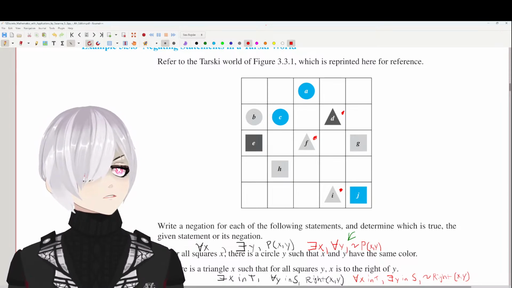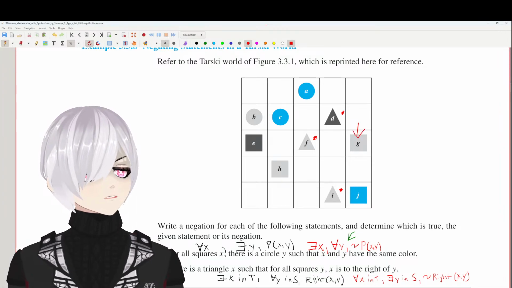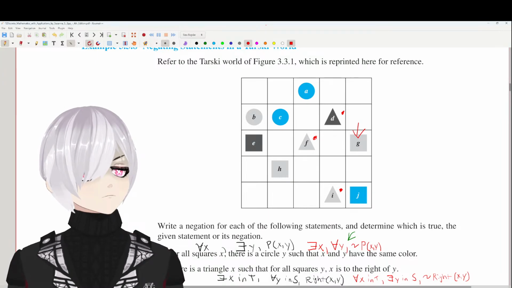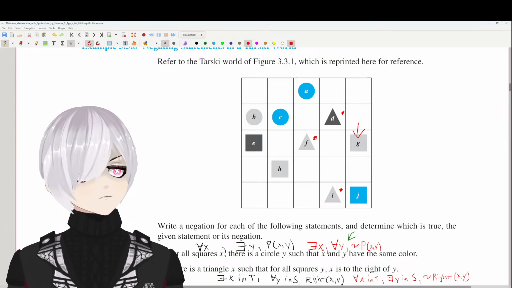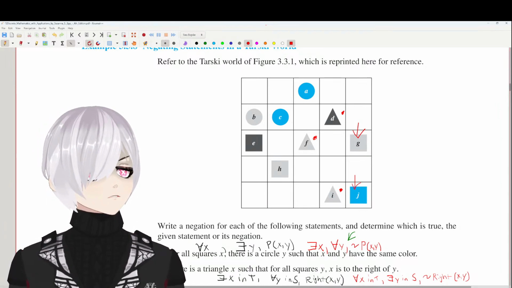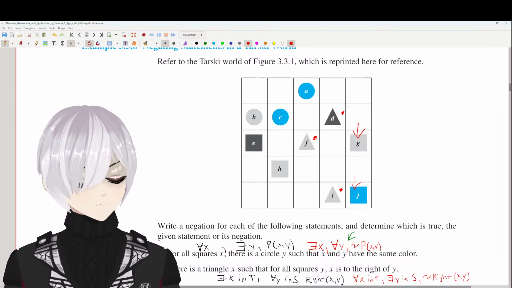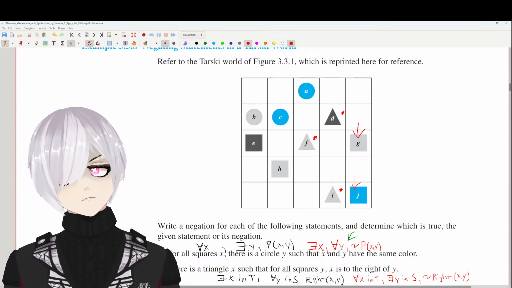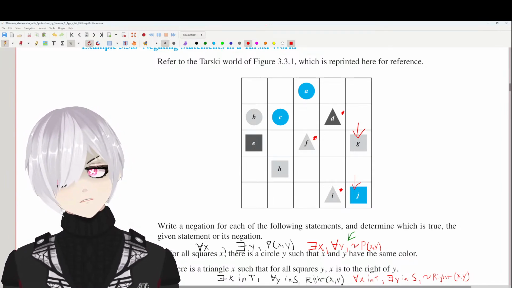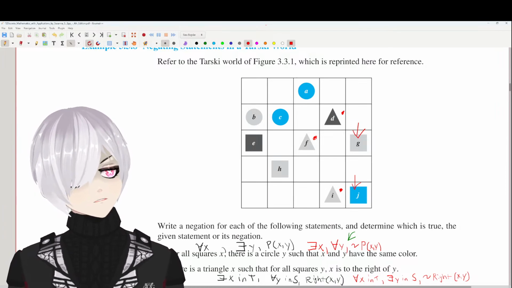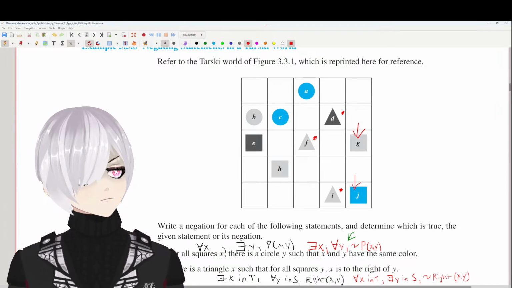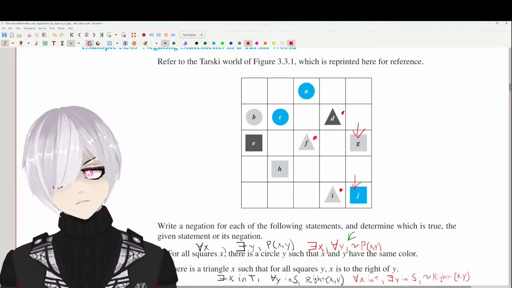Okay, well, if I'm reading that correctly, these triangles are not to the right of this square, nor this square. So none of the triangles are actually to the right of these squares. So the negation is going to be true, which is: for all triangles, there exists at least one square that's not to the left.